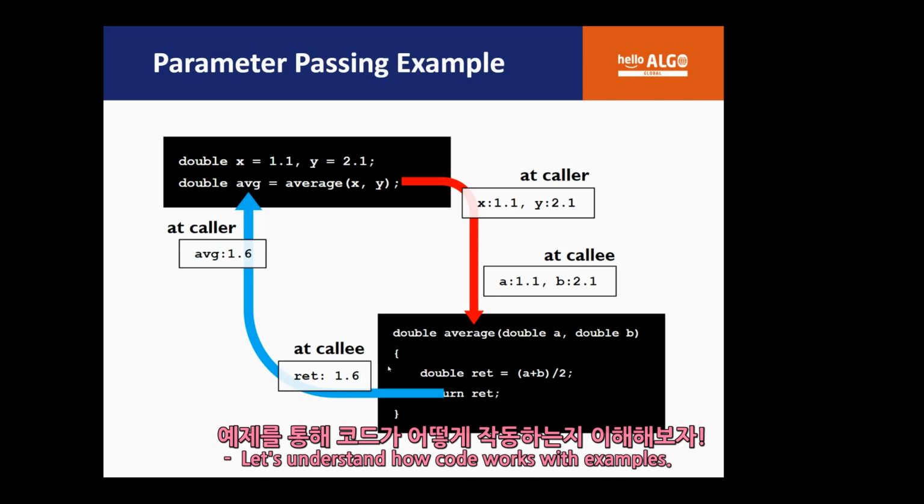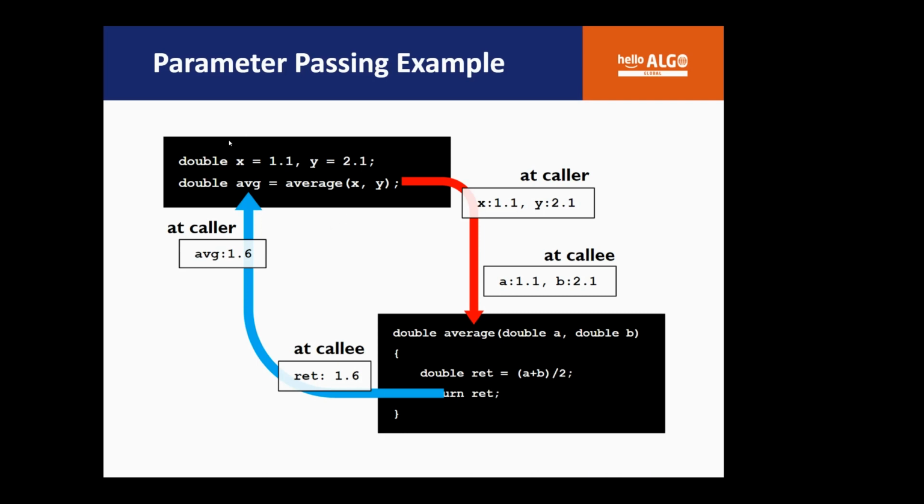All right, let's see how this code runs. Okay, this is the function. This is the code. When you run it, you just declared x and y to be 1.1 and 2.1, right? Then you call the function: double average = average(x, y). So you're declaring the variable average, and its value is average(x, y).